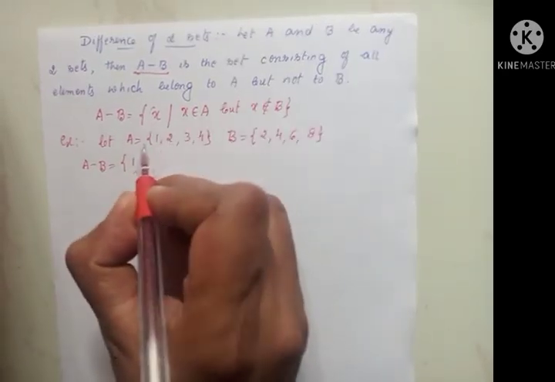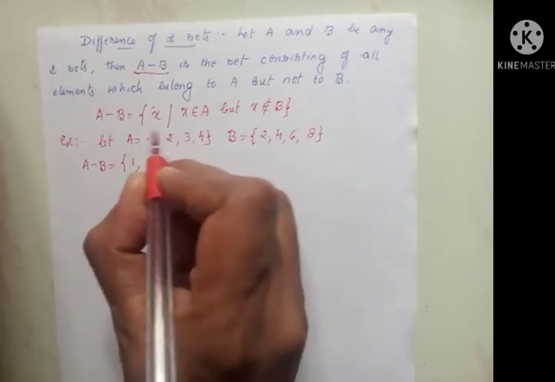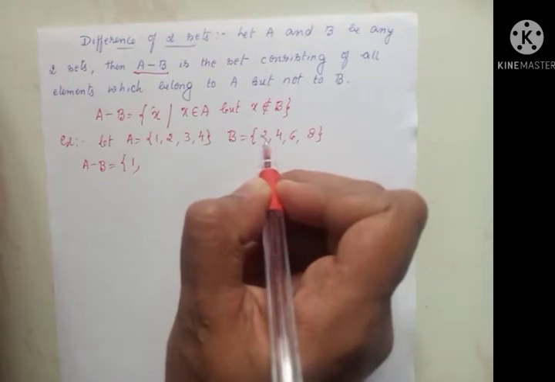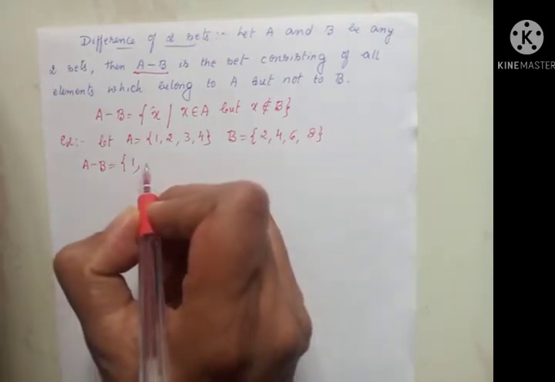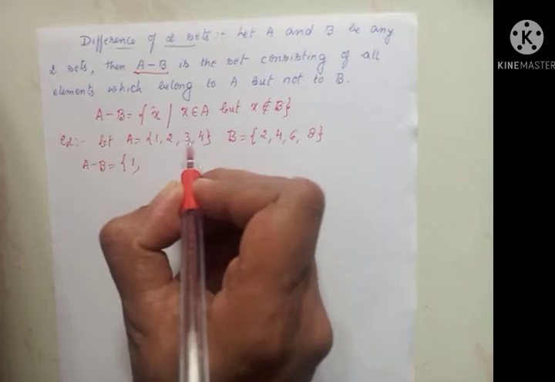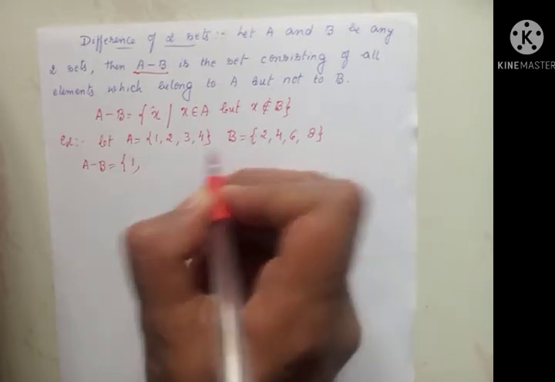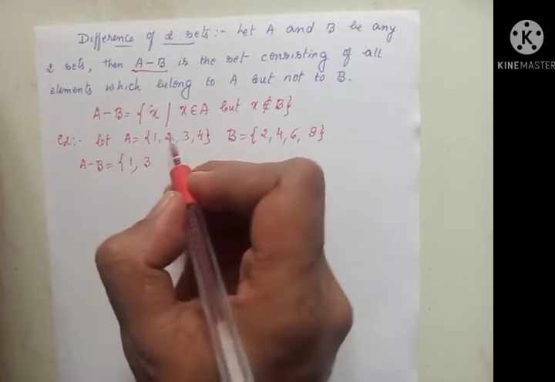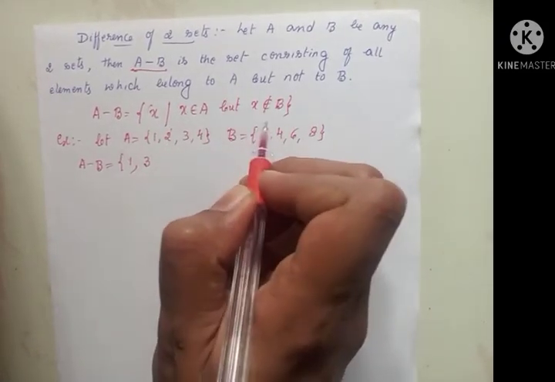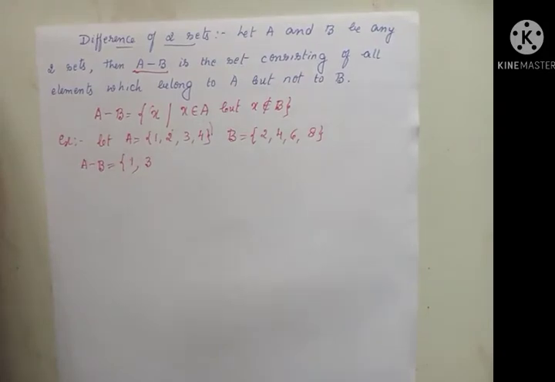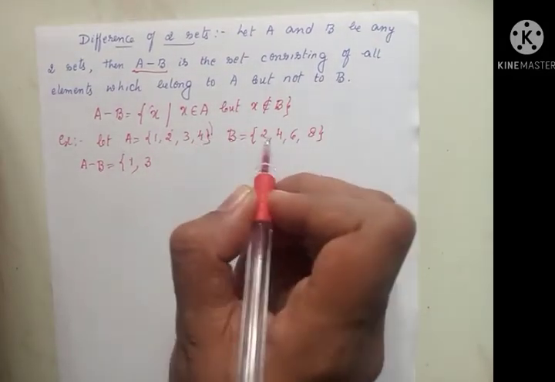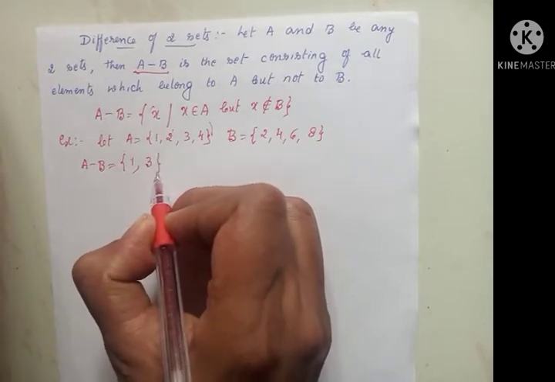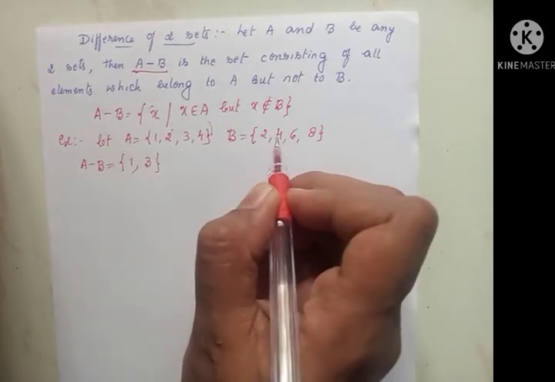Next element 2: concentrate only on the first set. 2 is there in B, so you can't write 2 here. 3, 3 is not in B, yes, I can write it. That means if an element is common, you can't write that one. Then 4 is in B, so I can't write it, only these two. Don't write any other element of B.